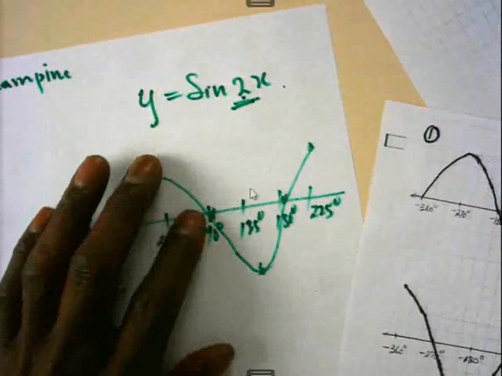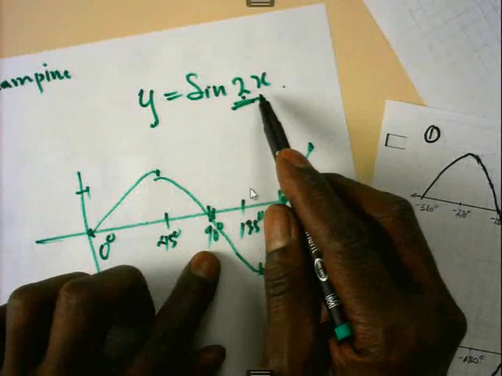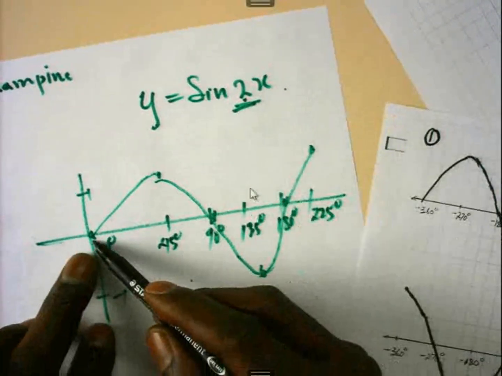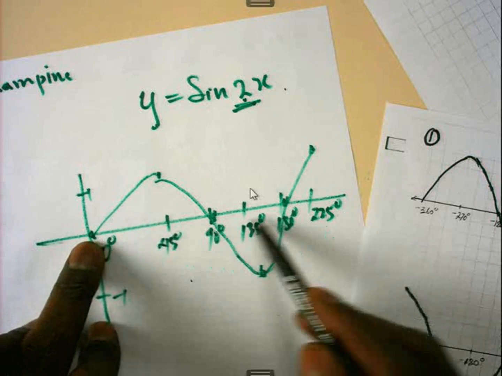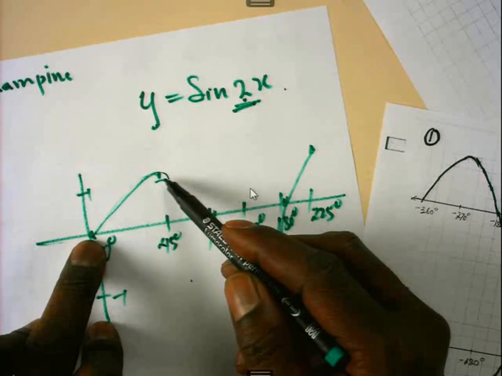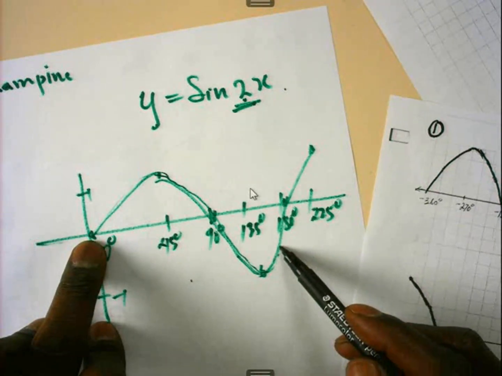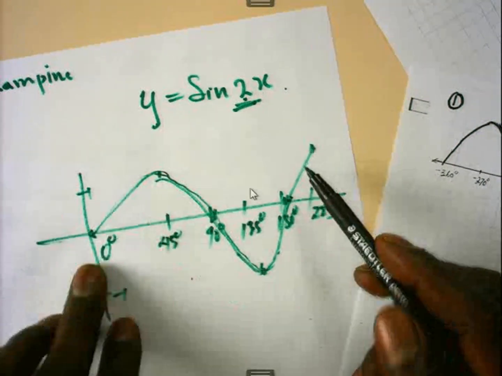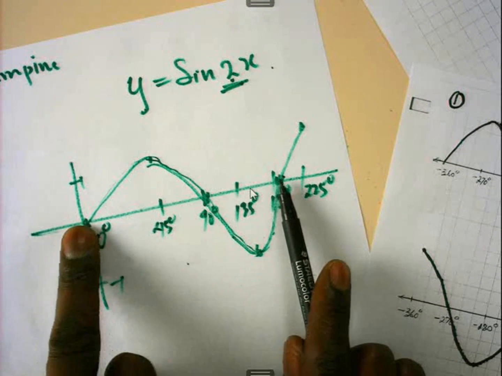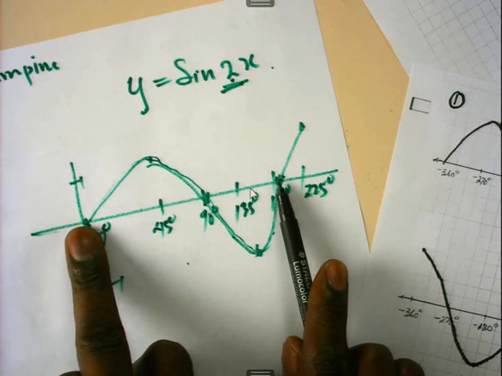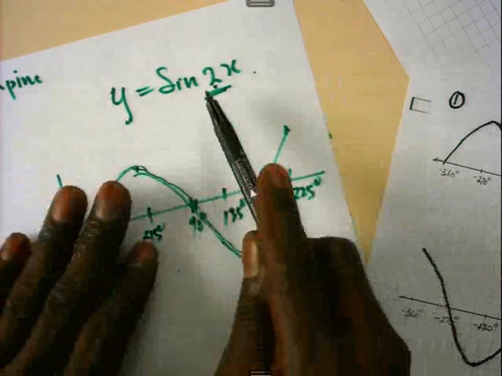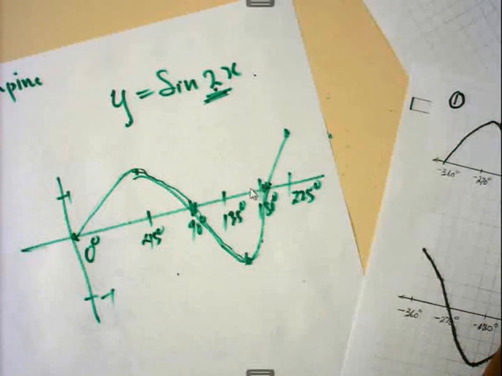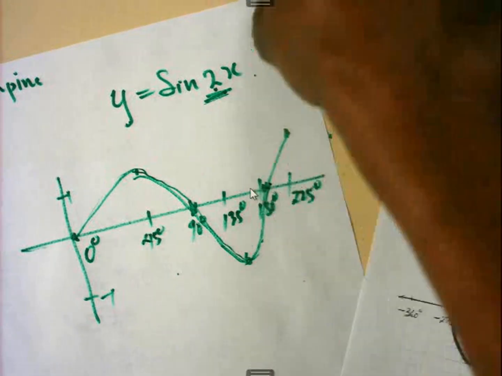But this one, the newborn, sine 2x, I'm going up above this x-axis. When will I again go above the x-axis? I'm going to stop here. Otherwise, I'm going to do the same thing. So that period of y is equal to sine 2x is 180 degrees. And indeed, this 2 has changed the period of the mother function and made it 180 degrees. Thank you. A very nice question, Rampine.